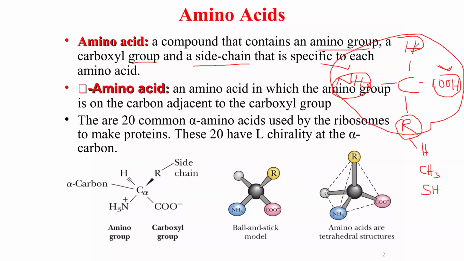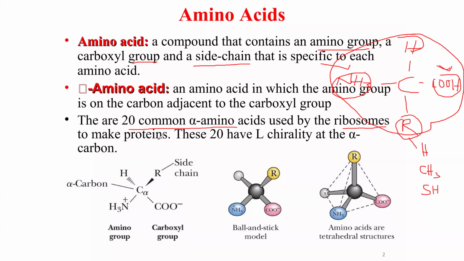We have 20 common amino acids, and these 20 common amino acids are the ones that are used by the ribosome to synthesize proteins. Remember from our previous class, we discussed the different functions of the cellular organelles, and one of them is the ribosome. The ribosome is essential.